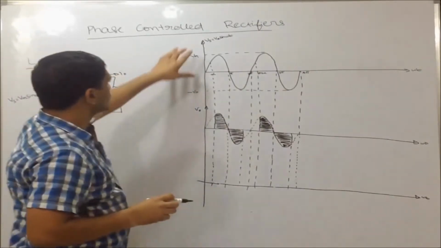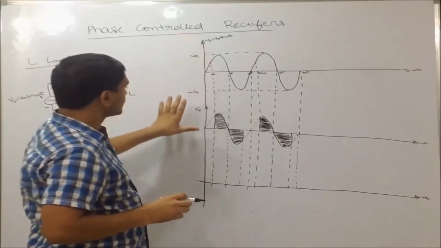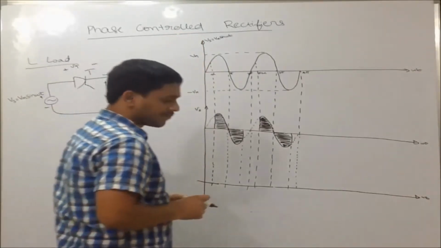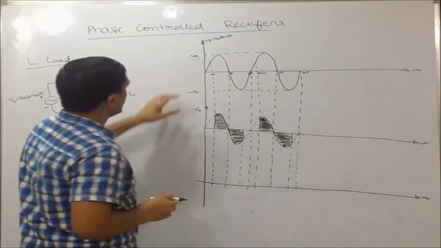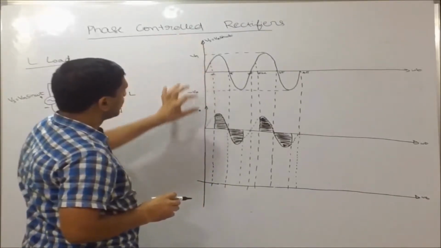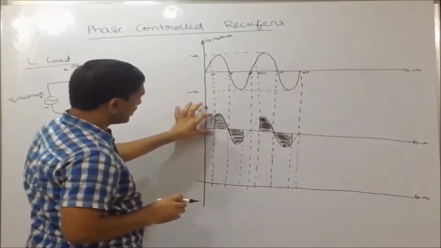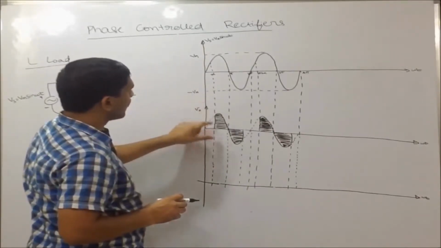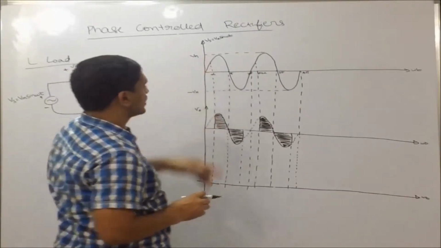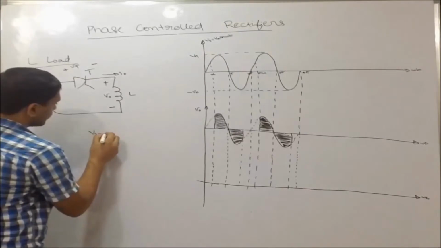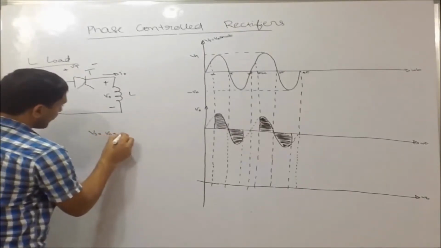So Vs should be equal to the sum of V0 plus Vt. Here Vs is there, but V0 is 0. Thereby, in this portion, we get Vt equal to Vs.